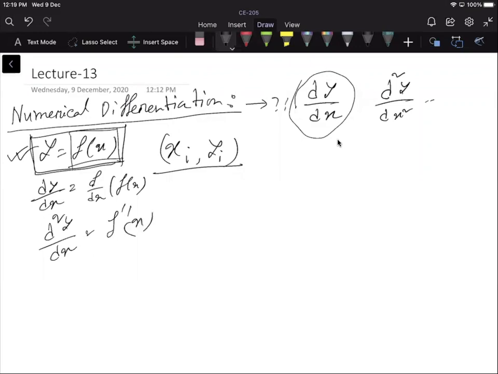If you have a function for a given set of values, as in the last few classes in numerical interpolation, we simply form an equation for the given set of values, and after forming the equation, we put in the value of x for any intermediate values, and any value of x will give you the corresponding y value.